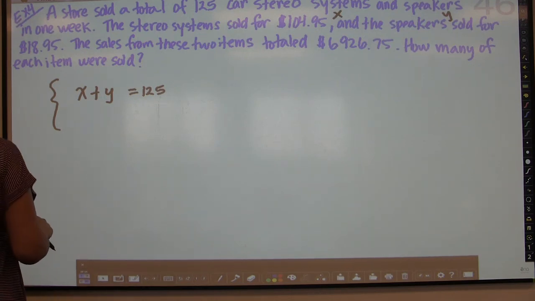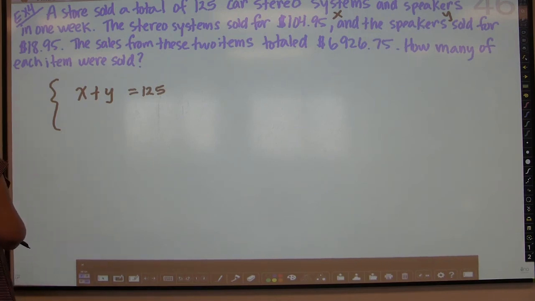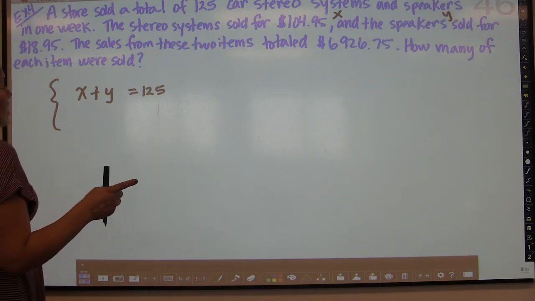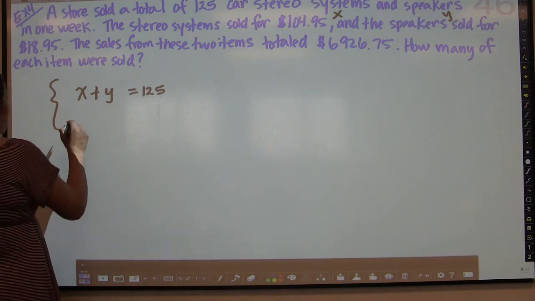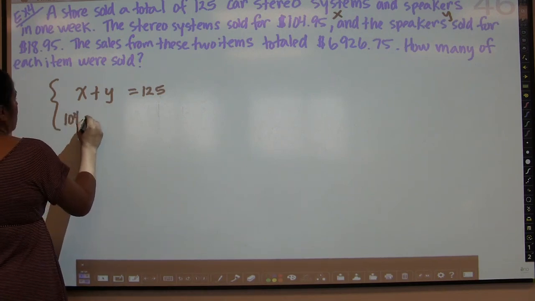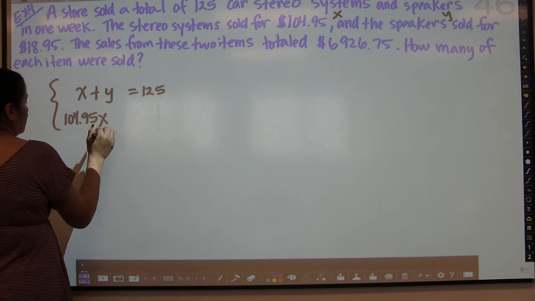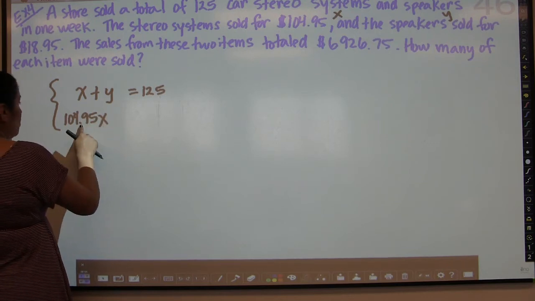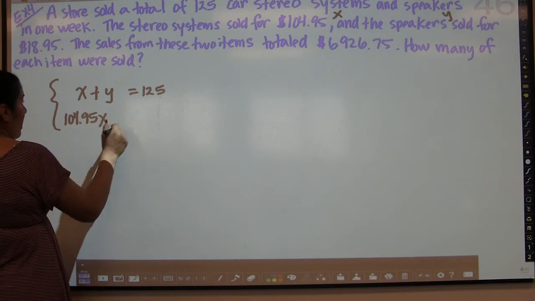And then the second equation, which deals with how much money they made: the stereo systems, which is X, sold for 104.95. So 104.95 times X, however many stereo systems they sold, is how much money they made off of that.